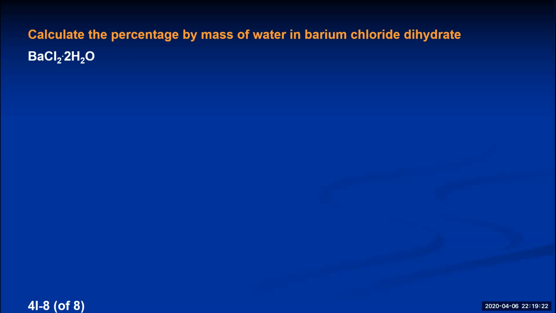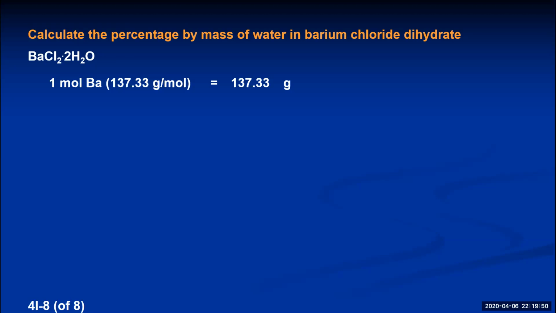But this particular problem is asking for the percent by mass of water in barium chloride dihydrate, which is a common type of calculation. So we're going to do it similarly to the last problem. We're going to determine the molar mass of the compound. And when you do that, you have to realize those water molecules are actually in the crystals. So when you calculate the molar mass of barium chloride dihydrate, you have to count the barium, the chlorine, the hydrogens, and the oxygen. So this compound, 1 mole of it, contains 1 mole of barium.